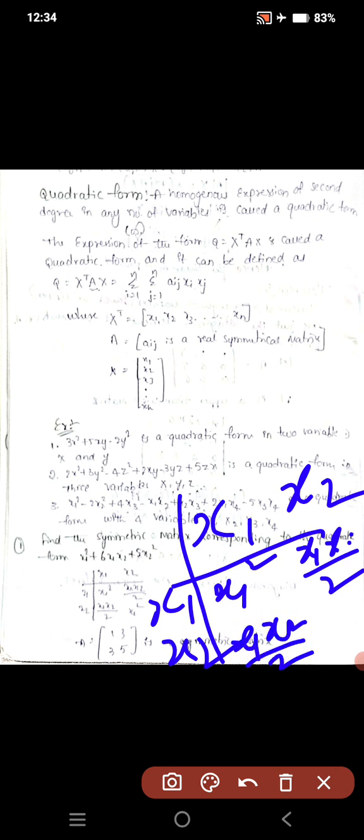So the matrix has x1, x2 like that. Multiplying x1 into x1 gives x1 square, x1 x2 is halved, so x1 x2 by 2, then x2 into x1 gives x1 x2 by 2, and x2 into x2 gives x2 square. This is the shortcut process to find the symmetric matrix.